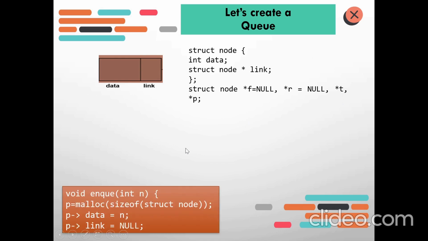We would need some other variables also, which in this case have been declared as T and P. Now onto the code. So I am writing the code here for the enqueue function. As I told you already, enqueue is an operation which adds elements to a queue. So that element which needs to be added has been passed here from the calling function, which could be the main function or any other function.